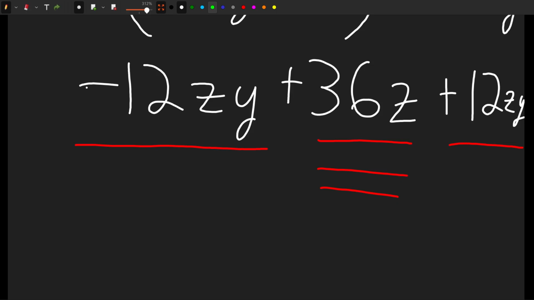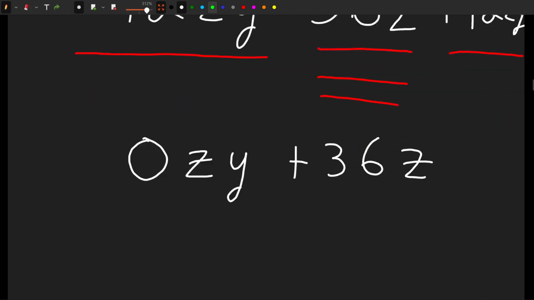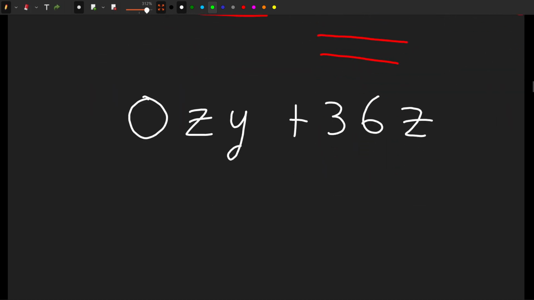And so when we combine these, negative 12 and positive 12 make 0. So in essence, I have 0zy plus 36z. Now, when we say we have 0zy, that means we have no zy terms. And since we have no zy terms, we can simply just remove it entirely. And so our answer is 36z.